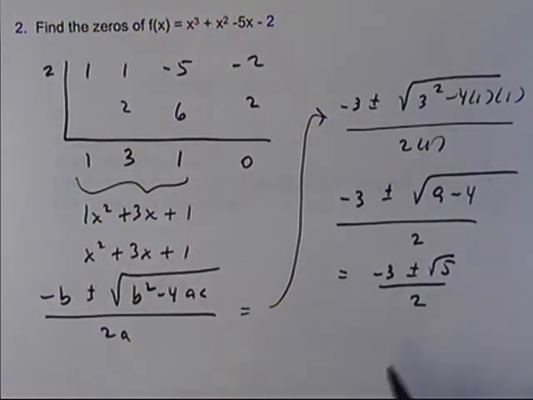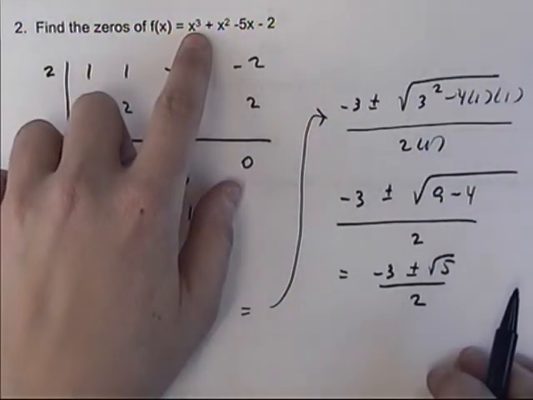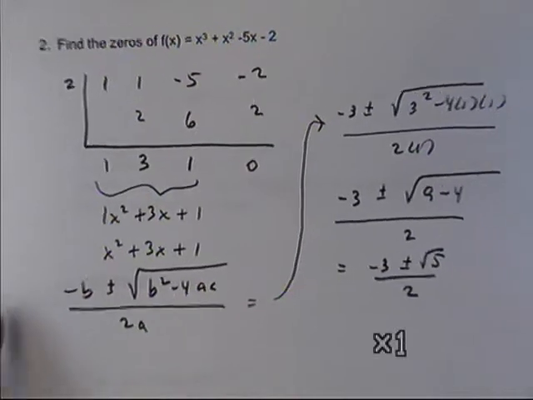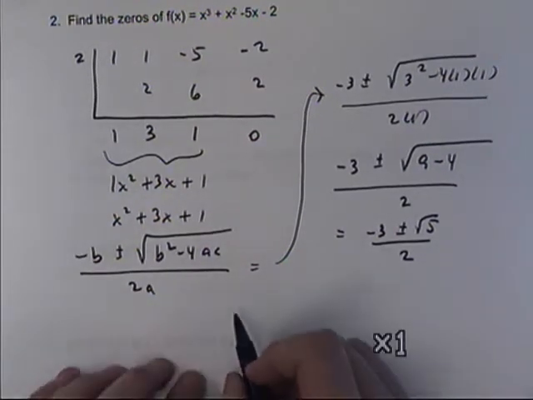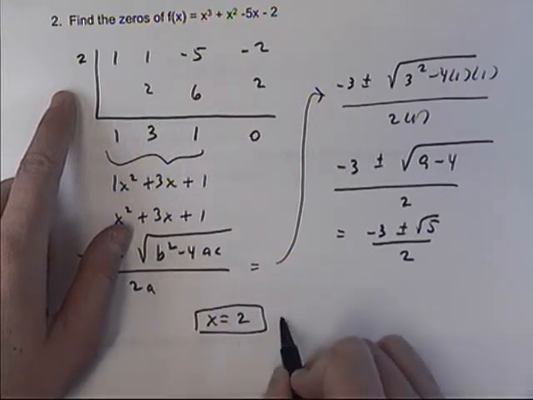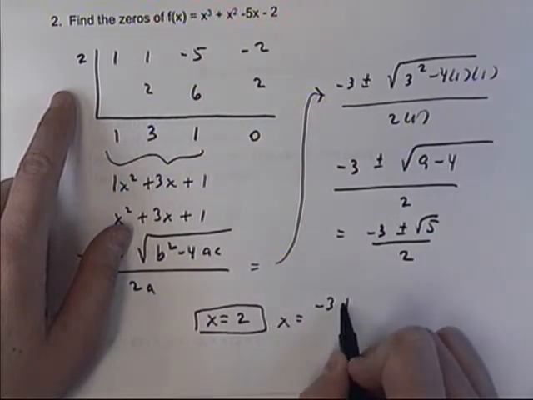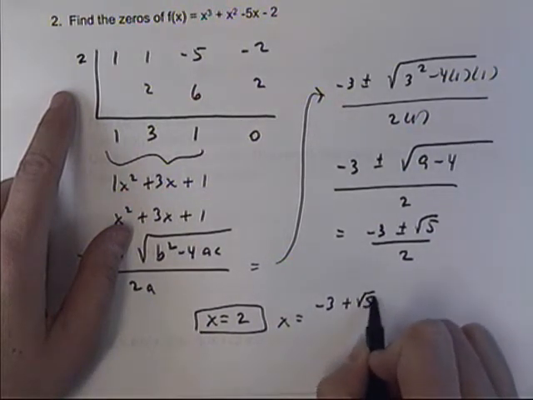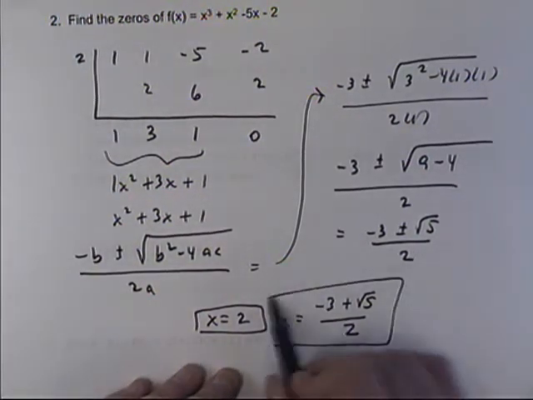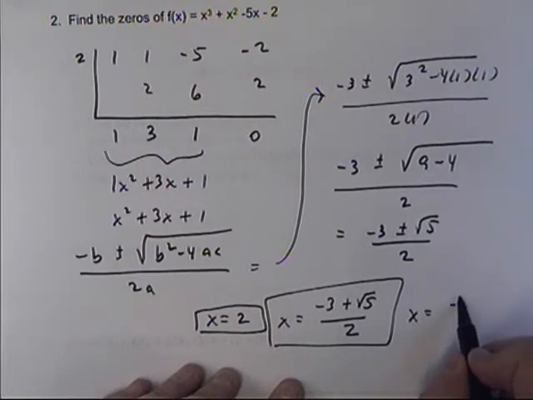Those are my last two answers. Again, this is a third degree polynomial, so we're going to have 3 answers. So my 3 answers are 2, negative 3 plus the square root of 5 over 2, and negative 3 minus the square root of 5 over 2.